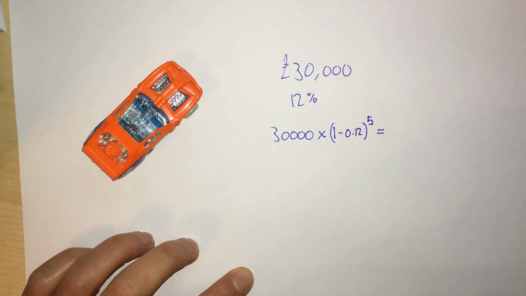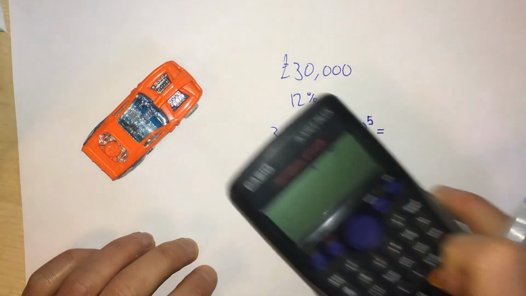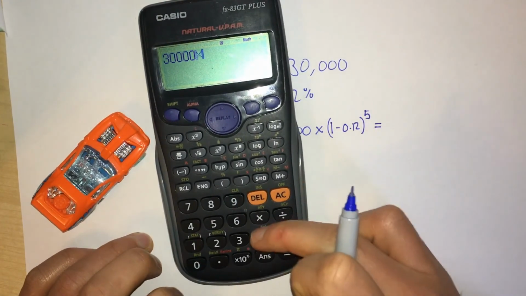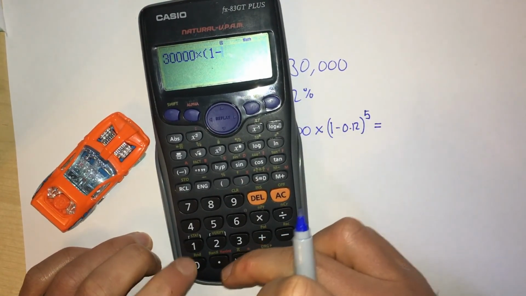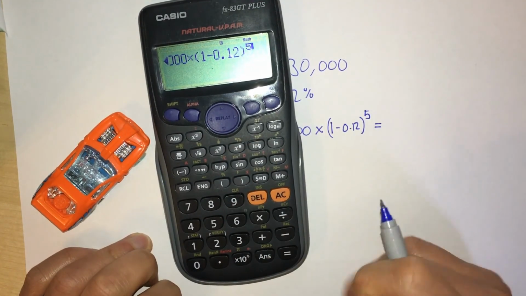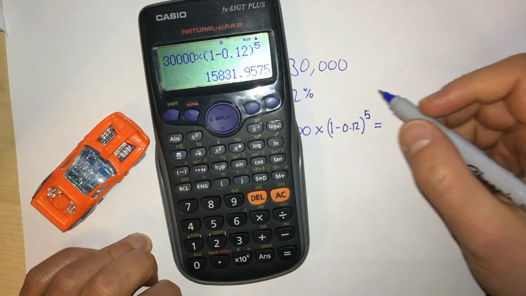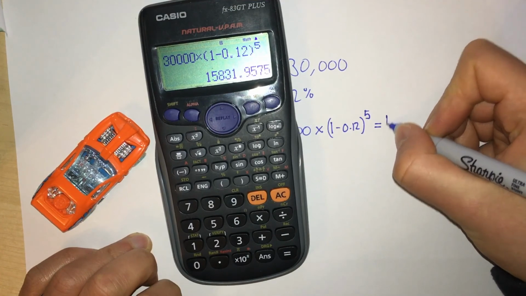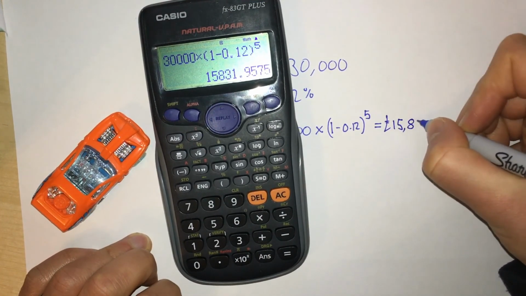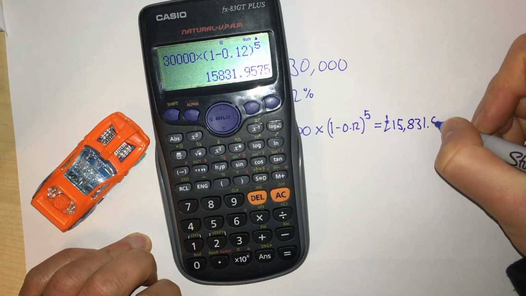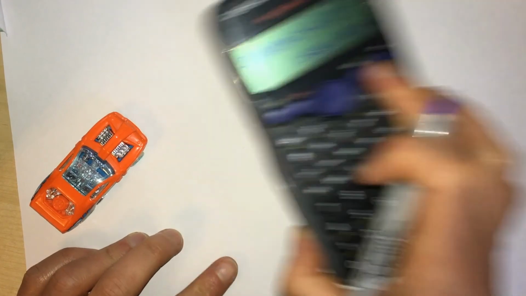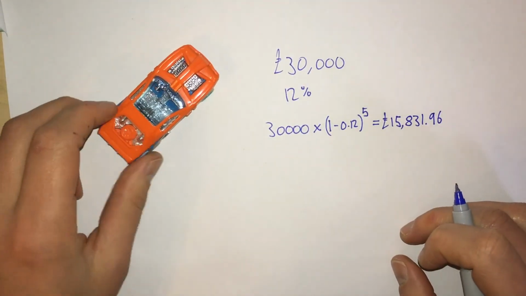Let's put this into the calculator to get our answer. £15,831.96. It's lost a lot of value, but to me, this car is priceless.